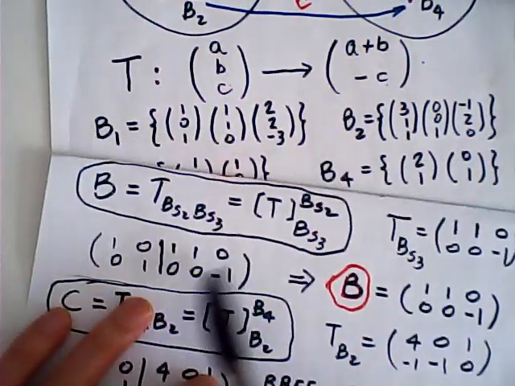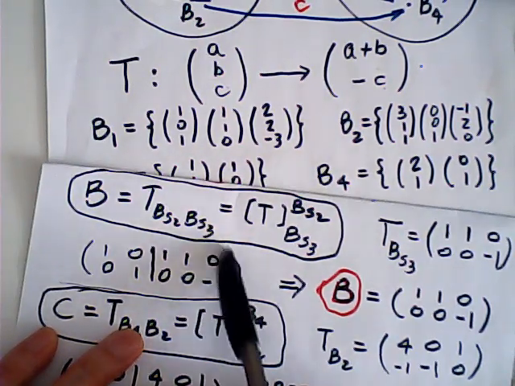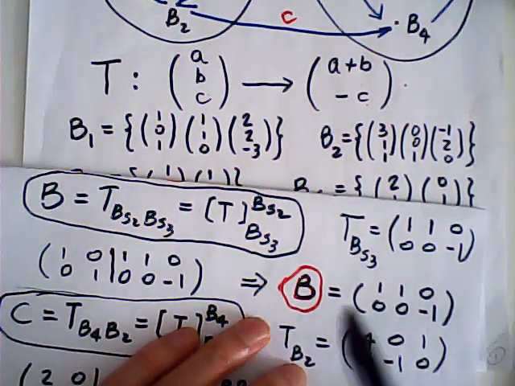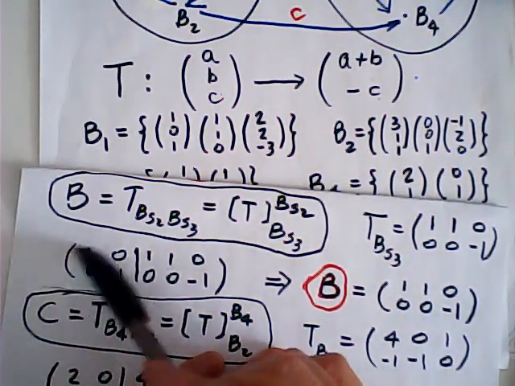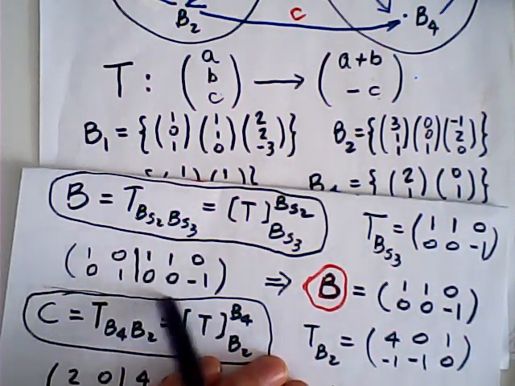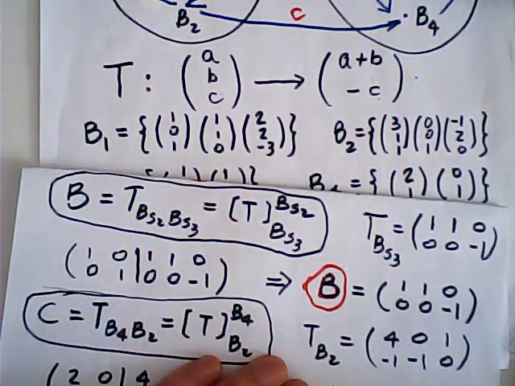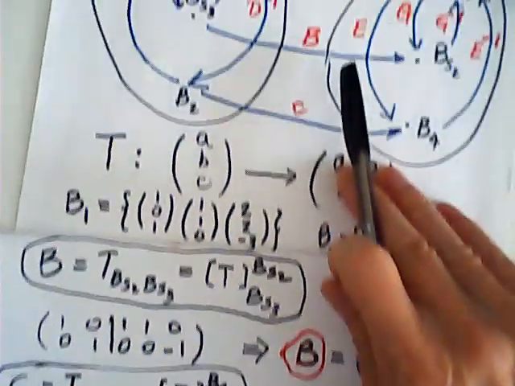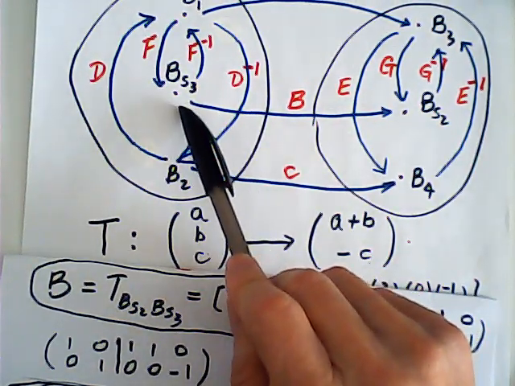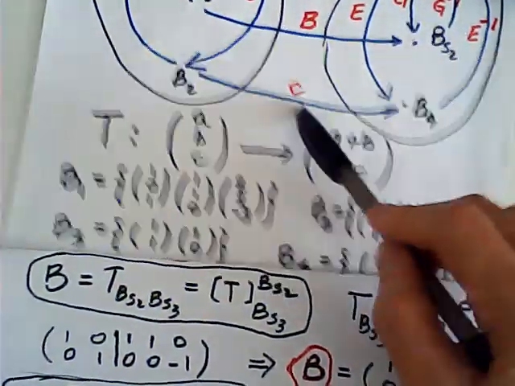So we write BS2 here, write this transformation matrix there, perform row operations. You don't have to perform row operations because this has already been in the reduced row echelon form. So this is my B. This is my B. B is a matrix operation from BS3 to BS2.